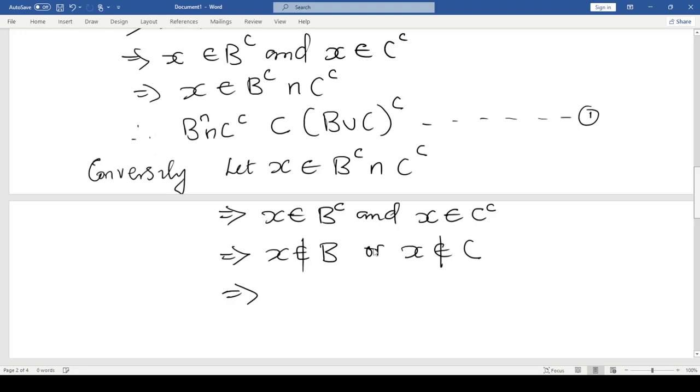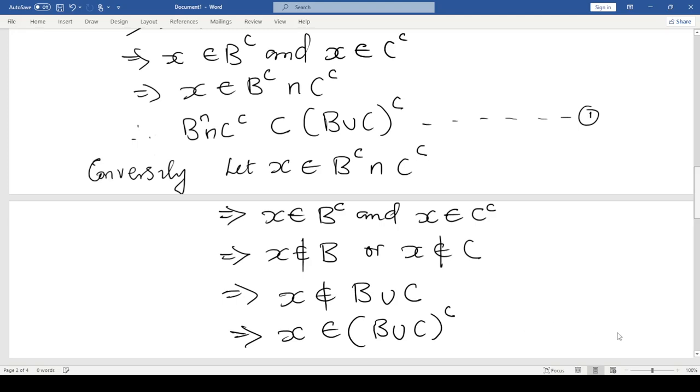So now we know that or just represents the union there. So we're going to replace it with that symbol there. So X here is not a member of B union C like this here. So now, if X is not a member of B union C, then X is a member of B union C complement. So here, saying that X is a member of B union C complement like this here.